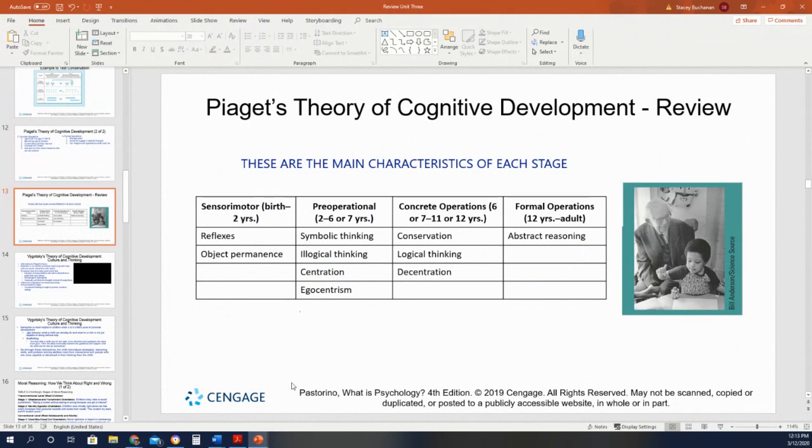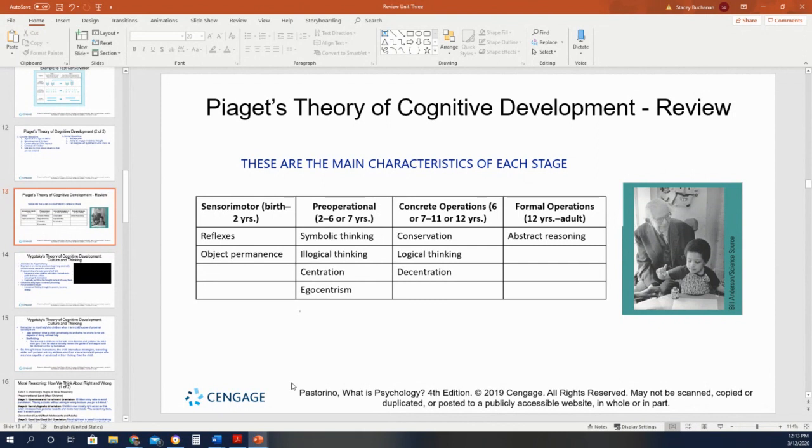With sensorimotor, we got our reflexes, and we develop object permanence towards the end of that stage. Pre-operational, we now can use symbolic thinking. If you recall, symbolic thinking was like the example that I used where you pick up a stick and you use it to play fight with, like it's a sword.